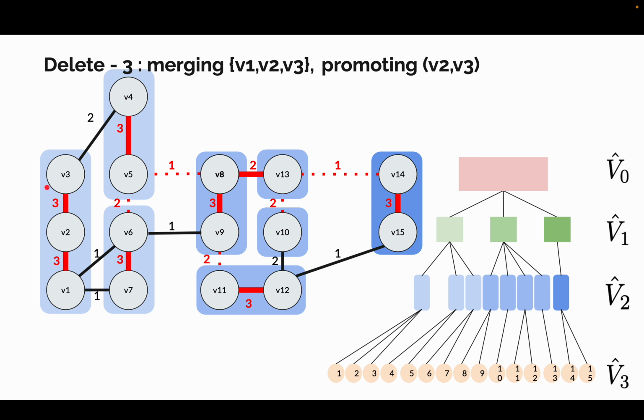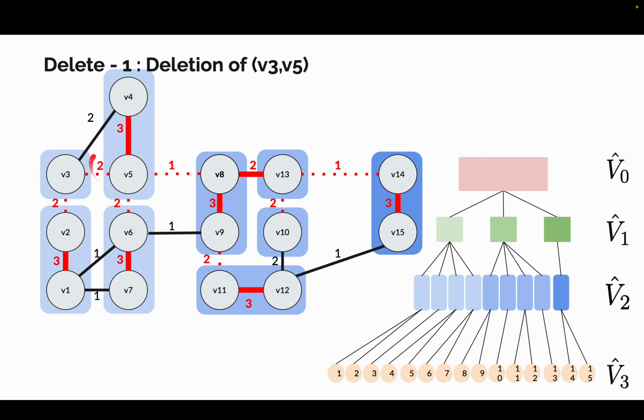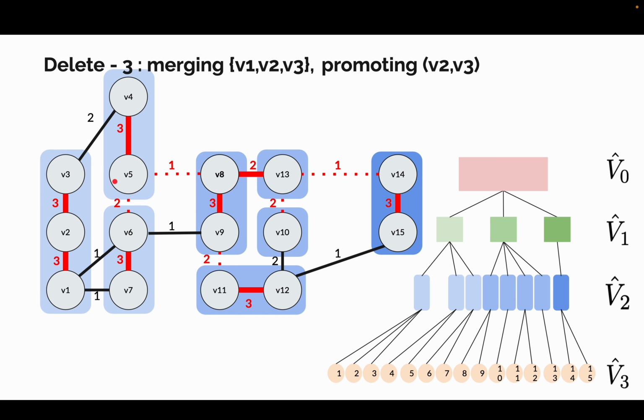All right. And the next step is to find the replacement edge. The replacement edge needs to have the same weight too. So let's see whether there exists an edge that is 2. It happened to be this one connecting V3 and V4. It is a replacement. All right.